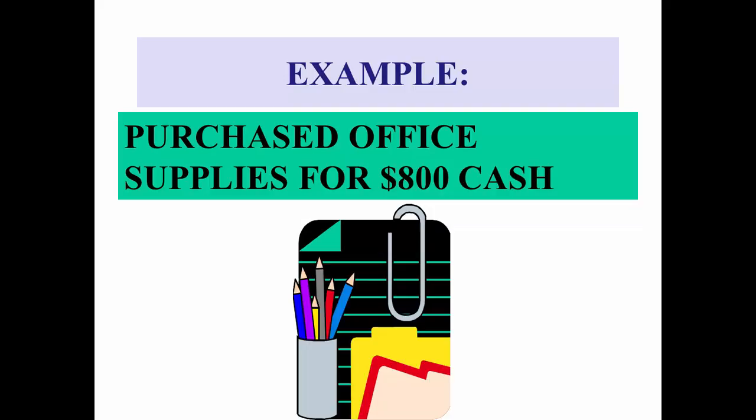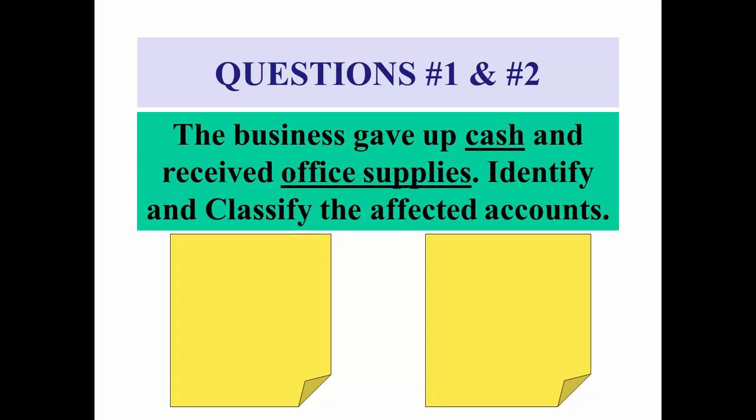Here's another example. Now the business itself purchased office supplies and they paid cash out of their own checking account. So here the business gave up cash and the business received some office supplies. Now for question 2, we have to say what accounts are we going to use.